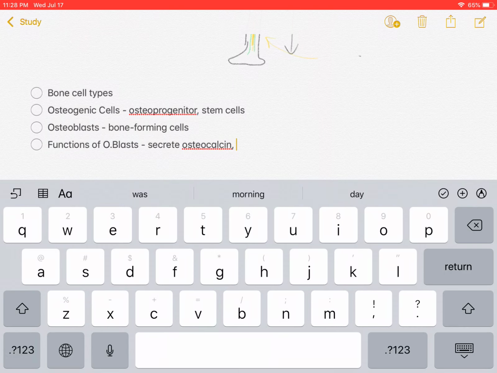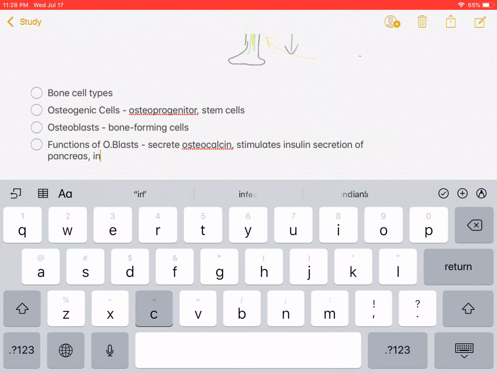So secrete osteocalcin, that's one of them. It stimulates insulin secretion of the pancreas. So far, two secretions. And it increases insulin sensitivity in adipocytes, which limits the growth of adipose tissue. So how are you going to remember this?